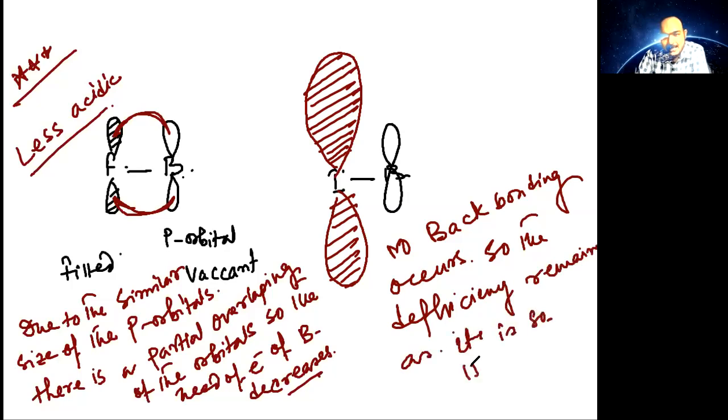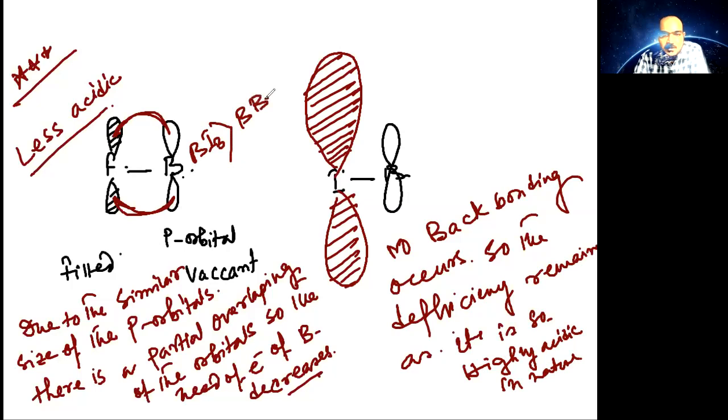So it is highly acidic in nature. Okay, so this is the Lewis acidic strength. So BI3 is more acidic than BBr3, then BCl3, then BF3.